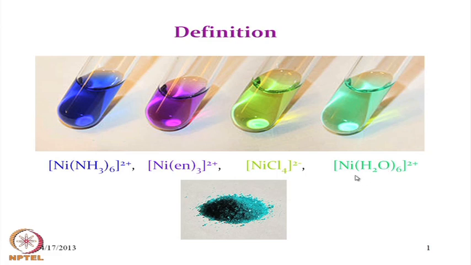Complexation is so easy, but we sometimes forget to write it in this fashion when we consider nickel doing some central role in a catalytic or biological reaction: the first species forming there is hexaaqua nickel 2 plus.